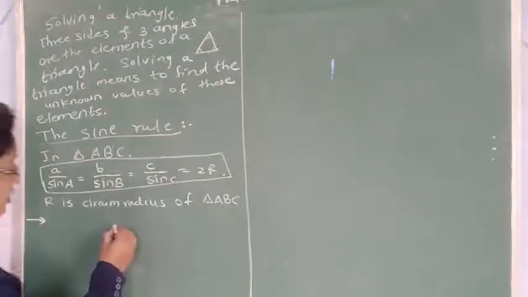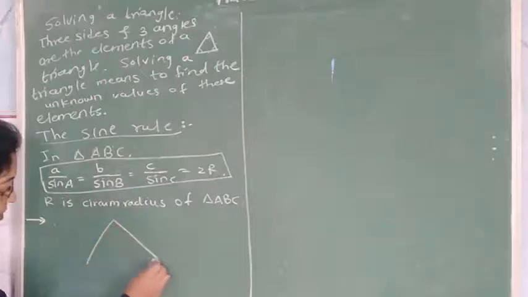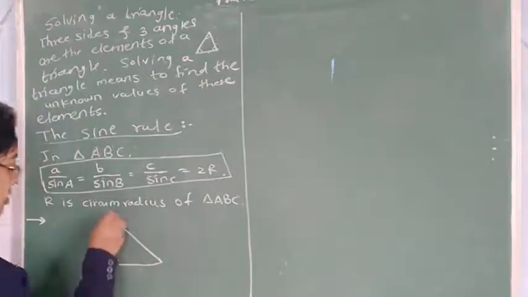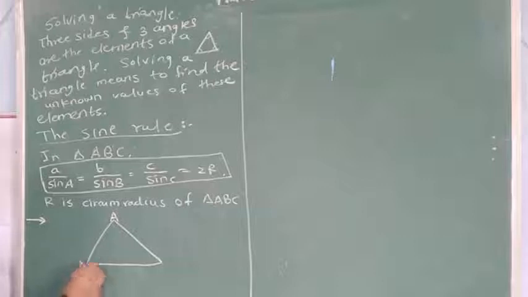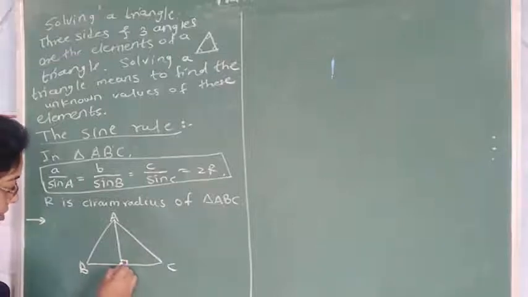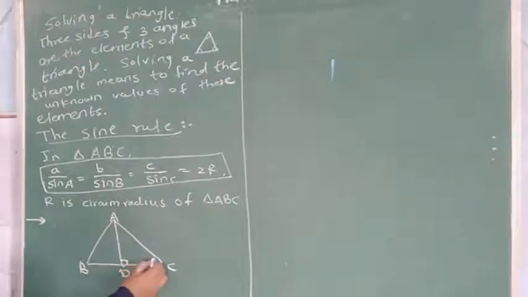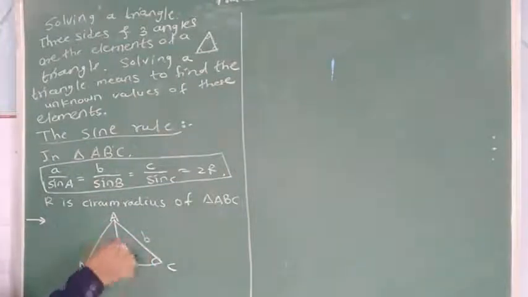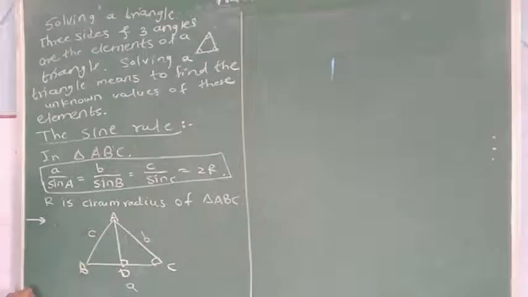We have this triangle ABC. We will take a perpendicular from A to BC and call this point D. The length of AC is small b, the length of BC is small a, and the length of AB is small c.